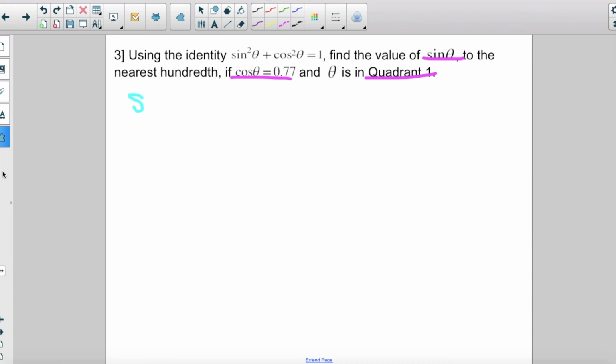We have sine squared theta plus cosine squared theta equals 1. They tell us that cosine is 0.77, so for cosine of theta, we are putting in 0.77, and we're squaring it.